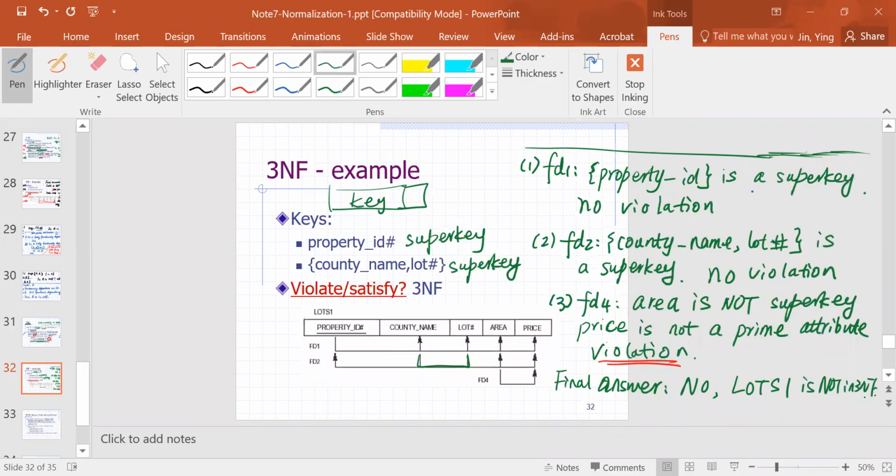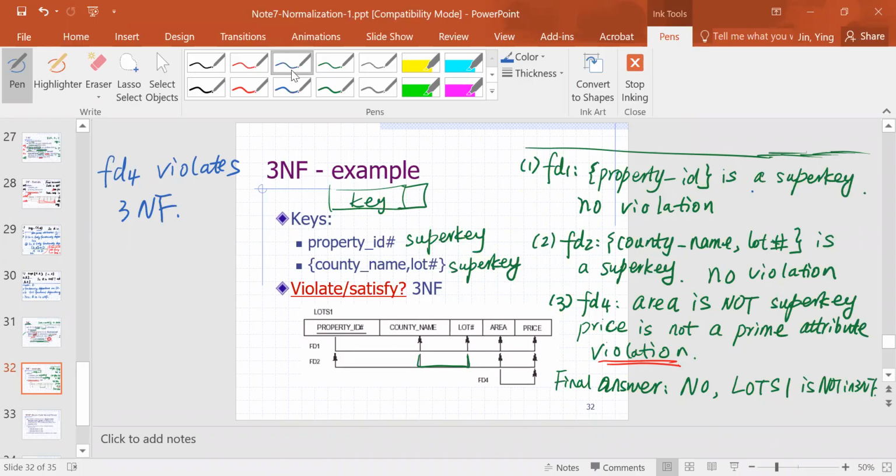After you finish this, you can also write a reason explicitly. If you want to do one extra step, you can write that FD4 is the relation. Basically, I want to see this one.